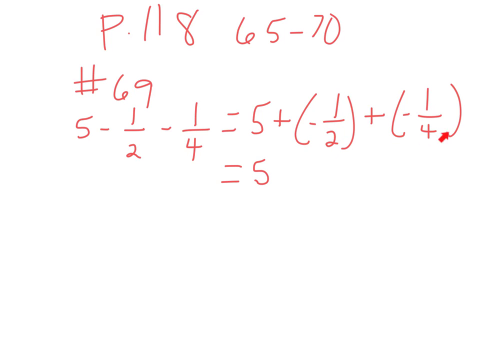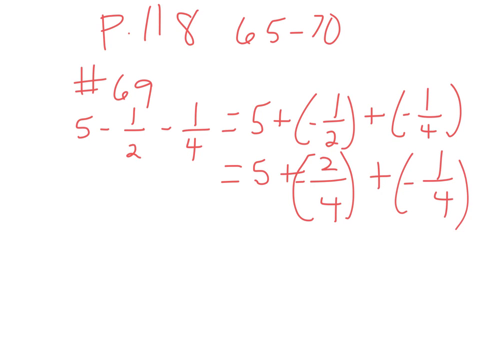We now have to make the bottom numbers even, so we're going to get this one to match. 2 times 2 will equal 4, and 2 times 1 will equal 2. So we have negative 2/4 plus, we don't do anything to this one, so now these match. So now we can continue.